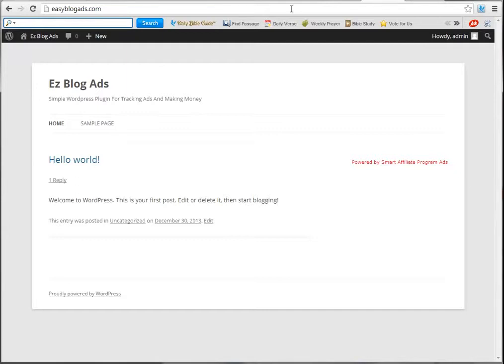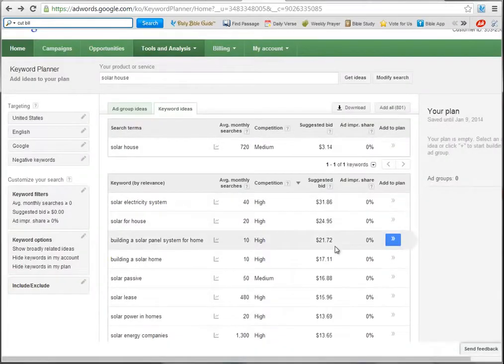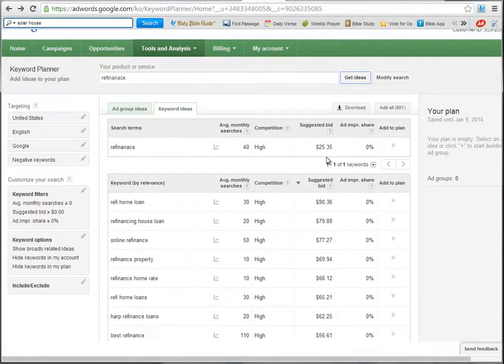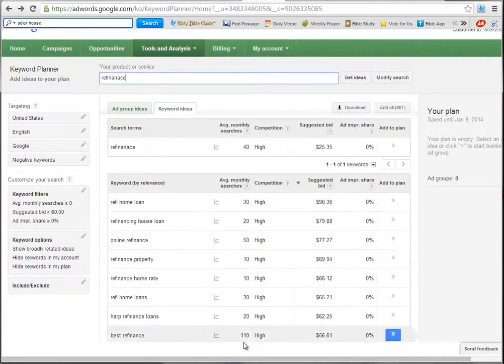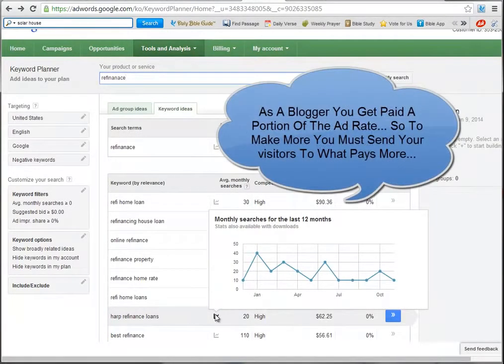And you'll notice in AdSense, if we were to look at the prices for something like Solar House, which is also a way to save money, or refinance, you're going to see that these words are actually very expensive. You have $90 a click for some kind of refi stuff, and it doesn't matter how many times they're searched for, because we're actually leading people into sites about this stuff.